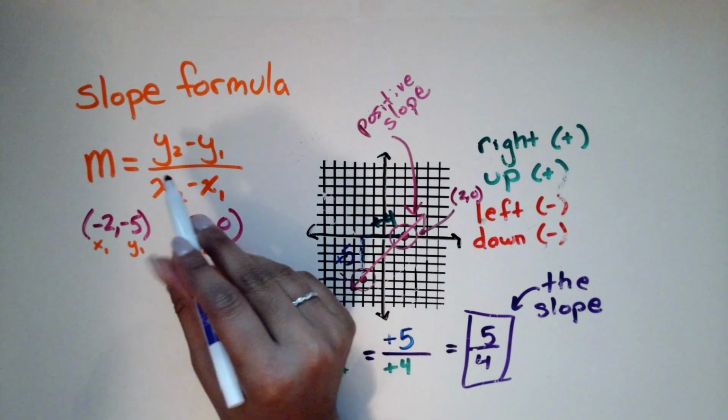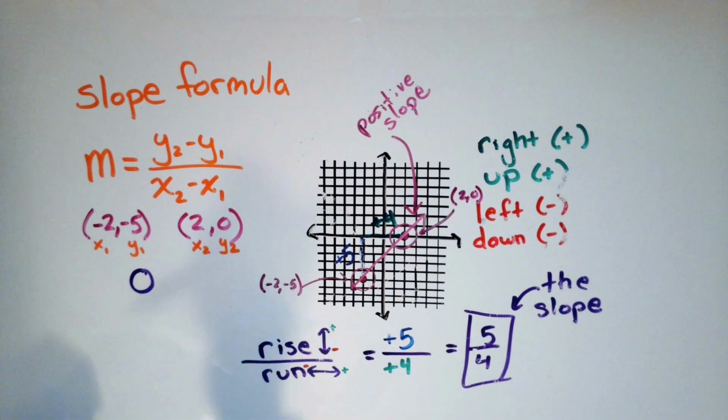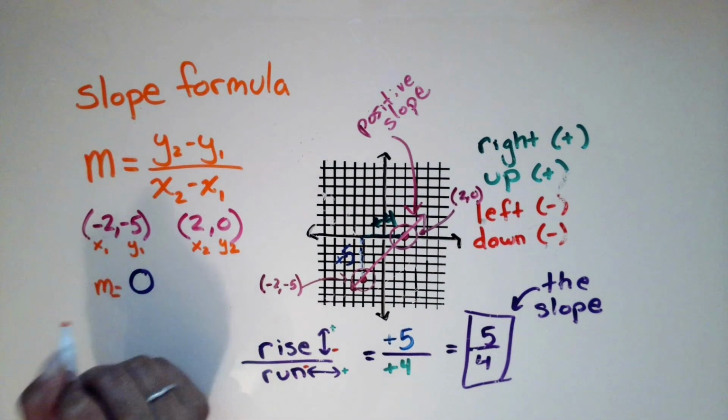So put the 0 in the y2, so you get 0 minus the y1, which is -5 in this case, and do the same thing for the denominator.